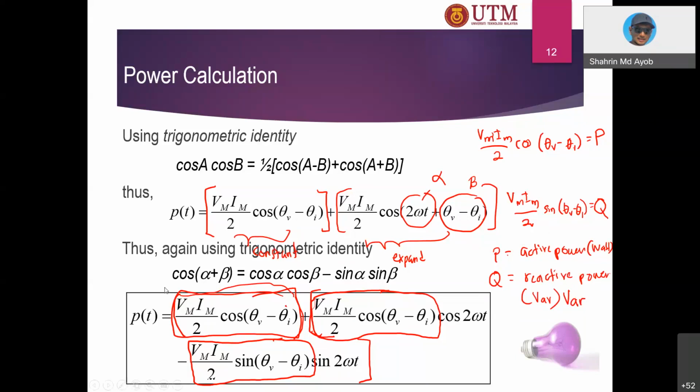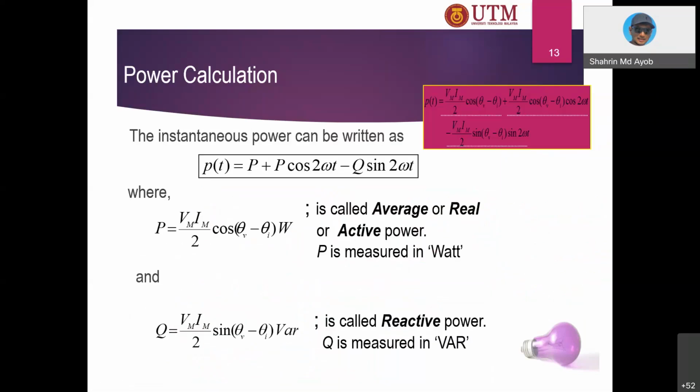This equation of instantaneous power can be written as: the instantaneous power is equal to P plus P cos 2 omega t minus Q sin 2 omega t. What is P? P is this one, which I have already explained. And Q is reactive power measured in VAR.